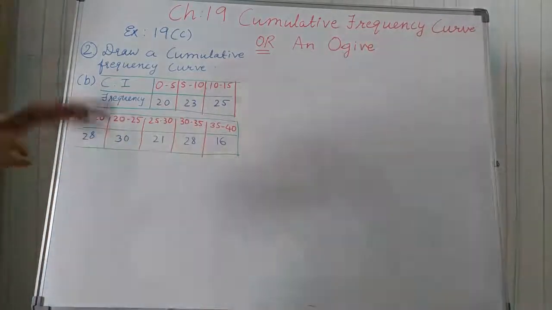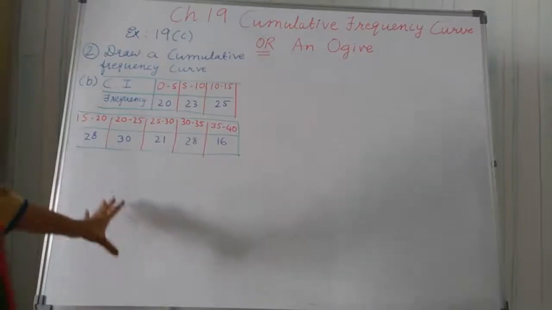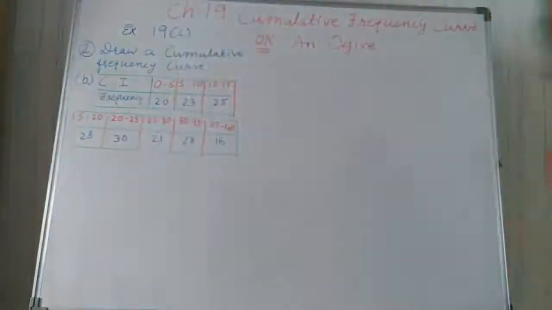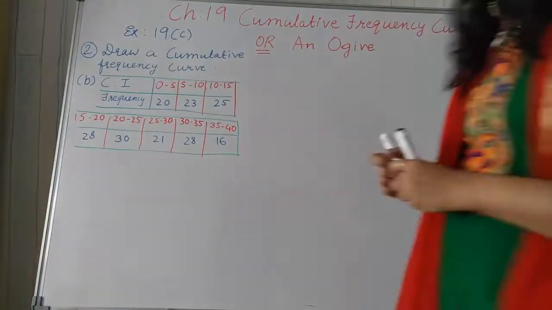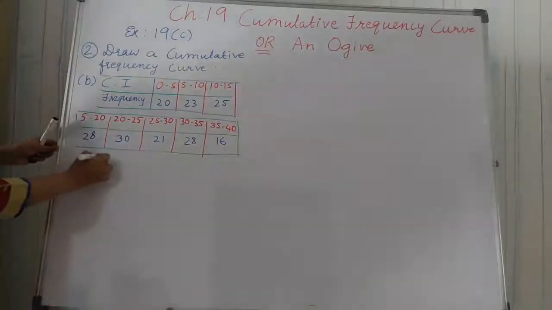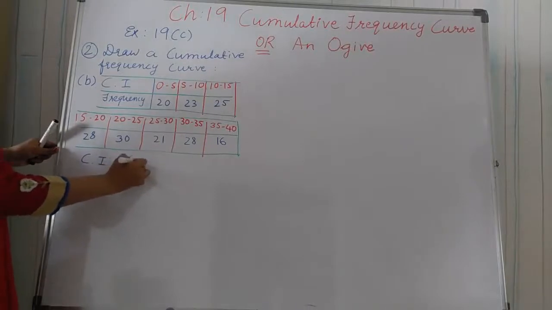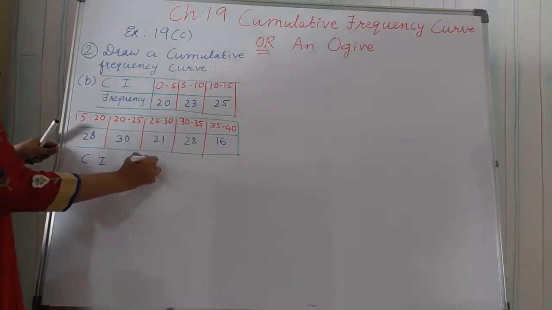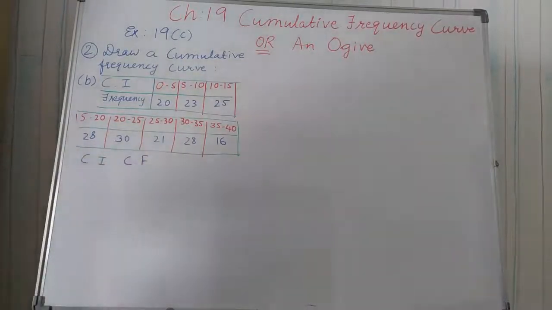So students, first of all we have to make a table in which we will write frequencies, or you can say cumulative frequency. I write here Ci and here cumulative frequency, which in short we write Cf.